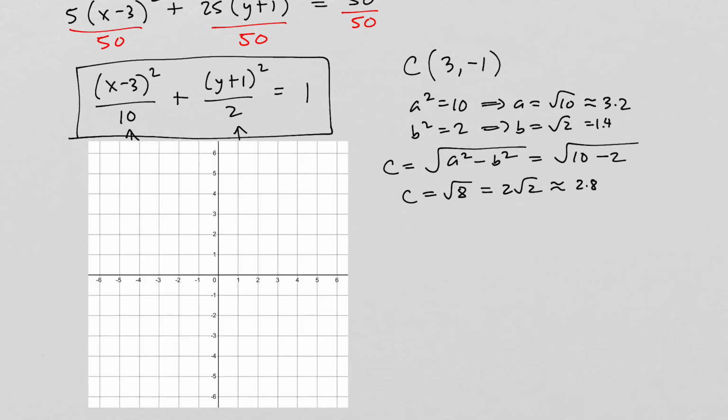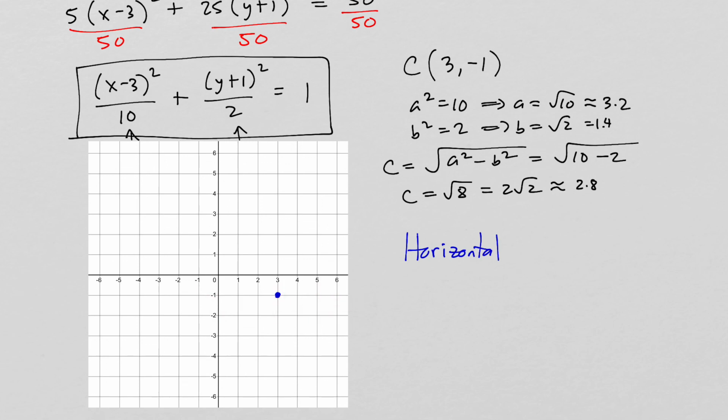So first of all, to sketch the graph, I'm going to start by graphing the center, which is at the point 3, negative 1. And then we know that this ellipse is horizontal because the larger number is underneath the x variable, the smaller number is underneath the y variable. So this ellipse goes sideways.